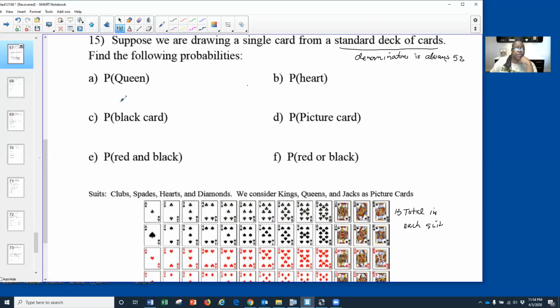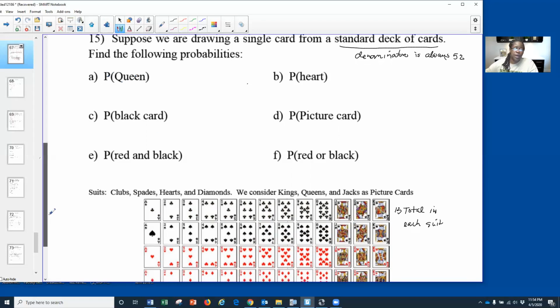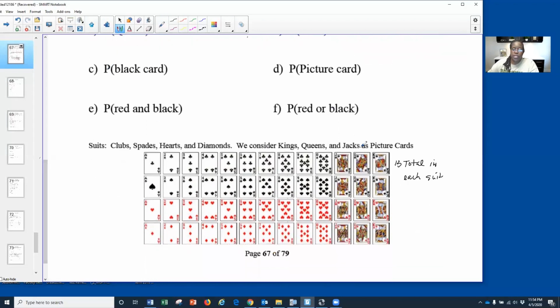So here, the first thing is to find the probability P of getting a queen. So they're going to have this deck of cards, shuffle them, and then you're going to pick a card, right? What's the probability that it's going to be a queen? So remember, we have 4 queens in the whole deck.